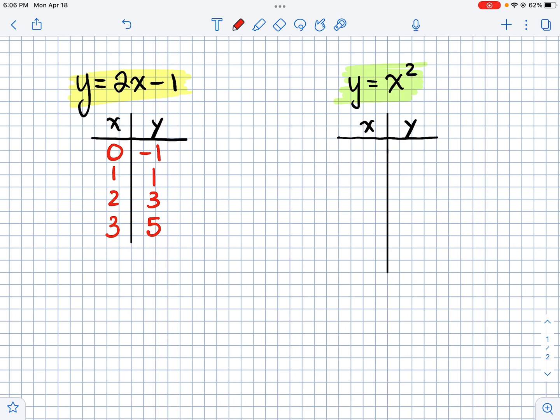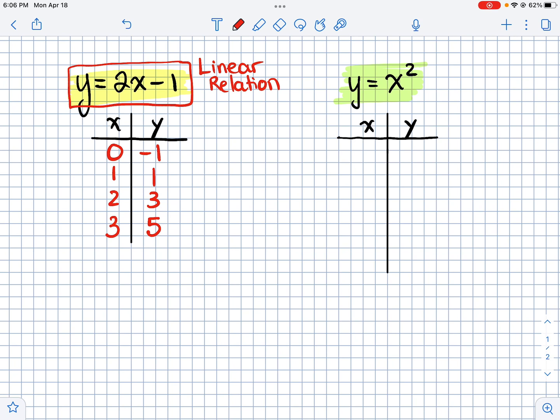From all the work we've been doing with linear relations, you should be able to tell that this equation right here is a linear one. This is a linear relation. It's in slope-intercept form. It looks just like all the other ones we've seen. And some really key things to point out here: there's an x and a y variable.